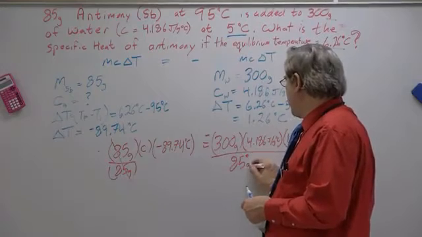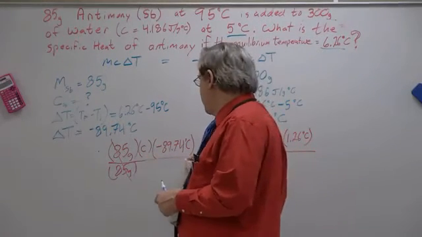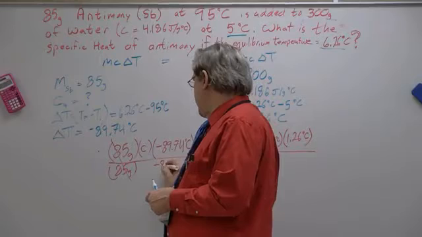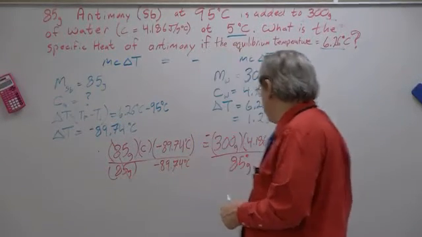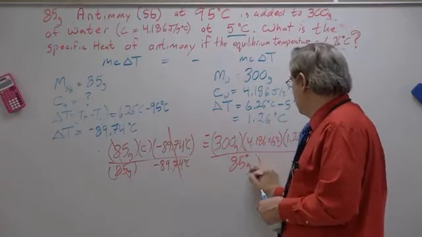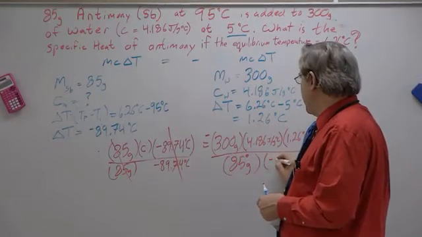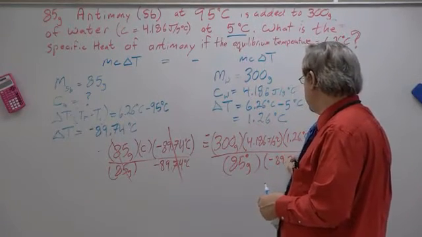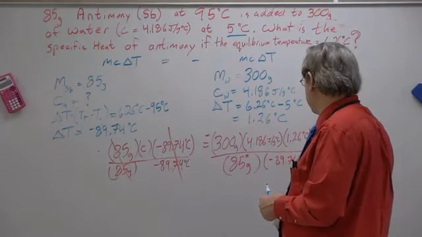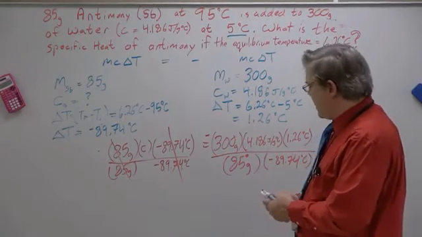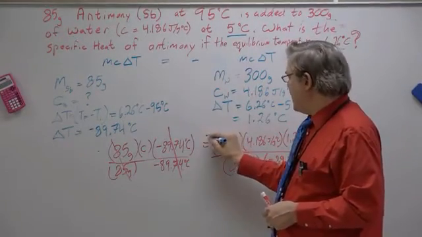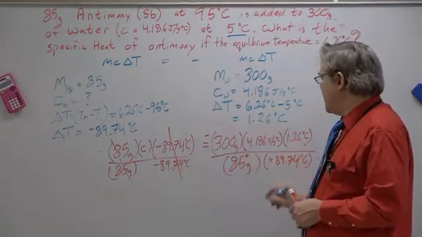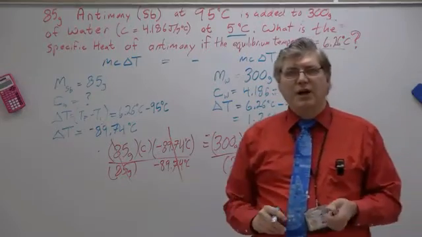I'm also going to divide this side by minus 89.74 degrees Celsius, so that cancels. Remember, I had a minus up here, so this minus sign is going to cancel with this minus sign, and they're going to become plus signs.